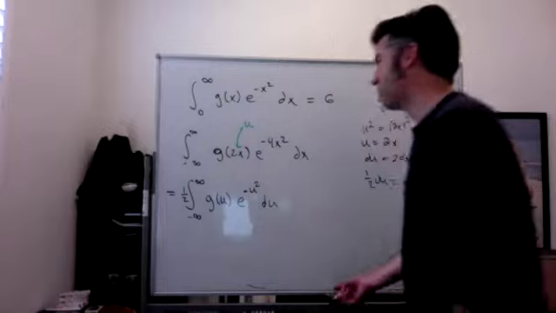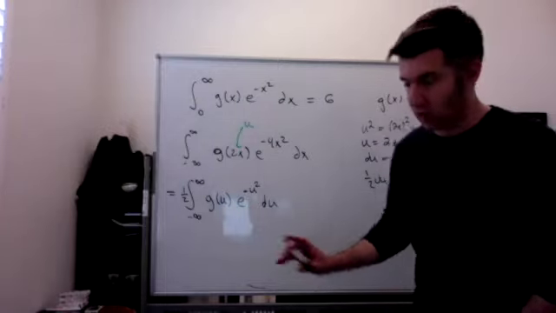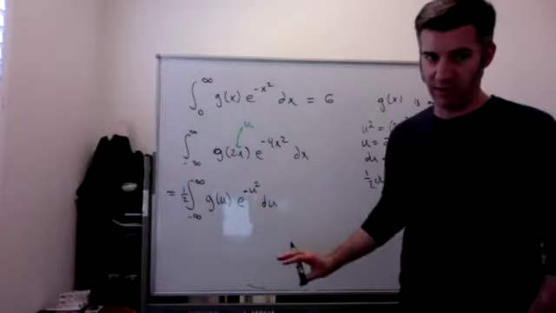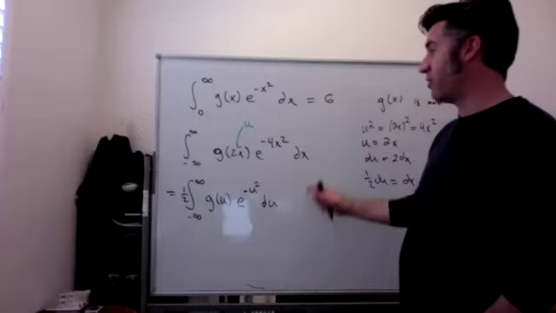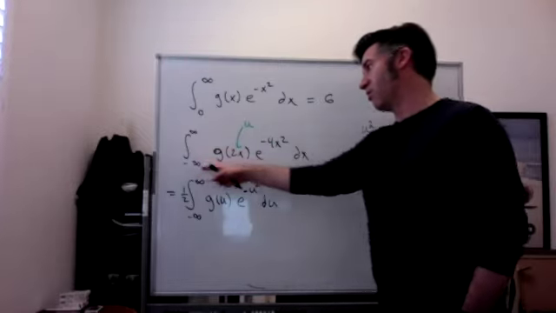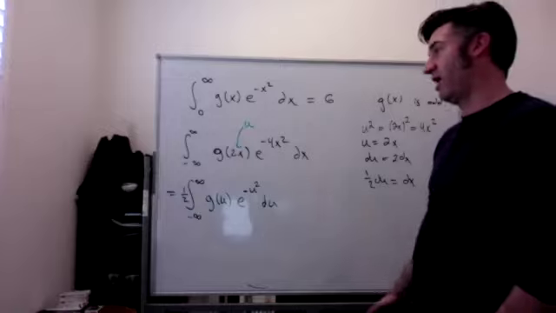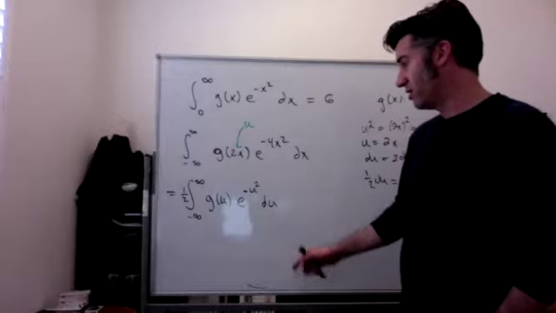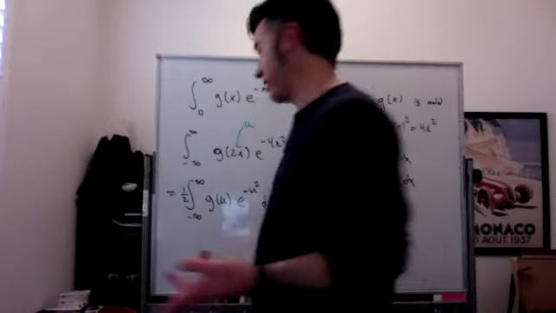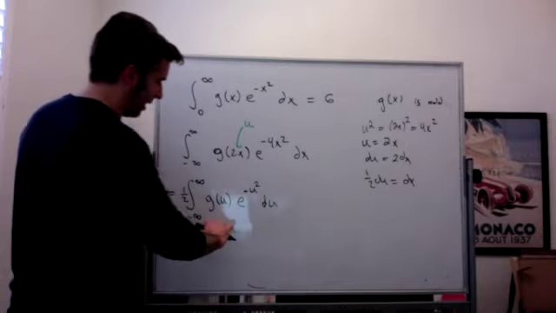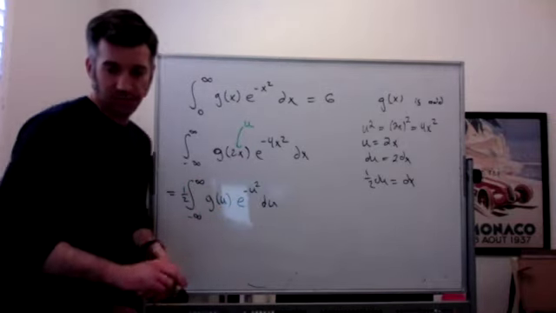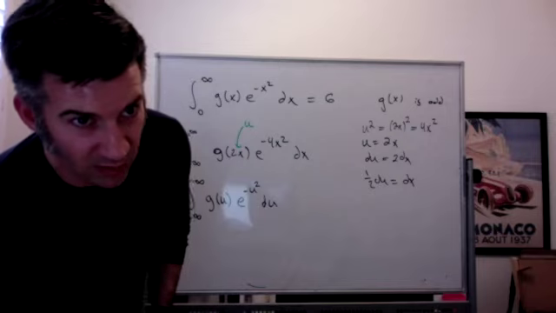You could do it this way, it's perfectly fine and it will totally work, but I think there's a better way that uses the fact that g of x is odd.